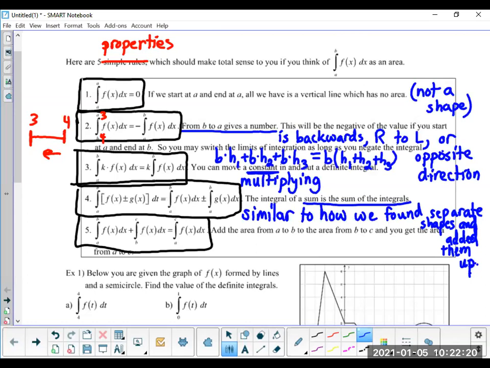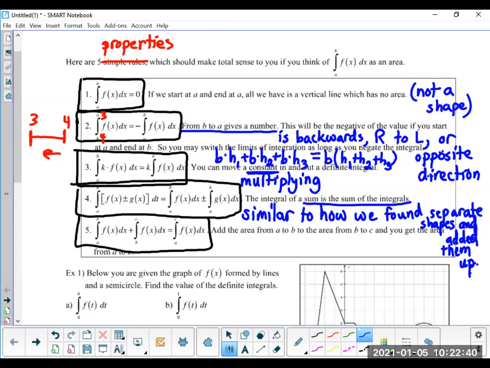The next thing I think really makes a lot of sense based on what we've studied, and it says specifically, if I'm going from A to B of 2 different things, I can find their areas separately and add them together. That makes a lot of sense because of what we've been doing with shapes.